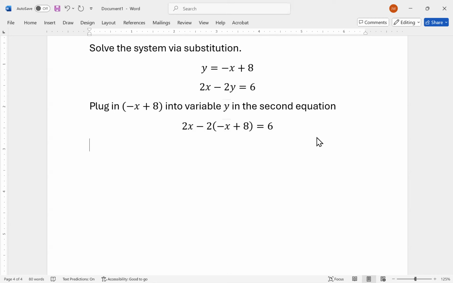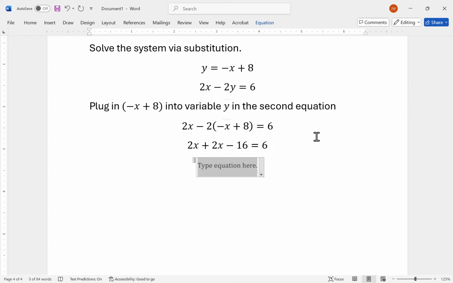Now, this equation only has one variable. So what I can do is do the distributive property. Again, be very careful of how you do that. Negative 2 times negative x gives me a positive 2x. Negative 2 times 8 gives me a minus 16. And then I'm going to do two steps at once.